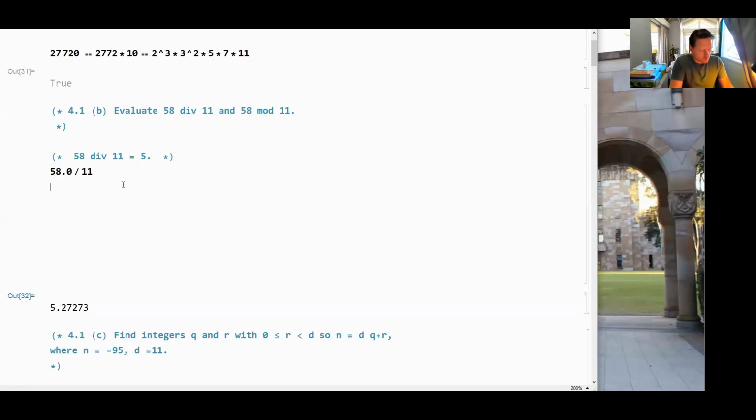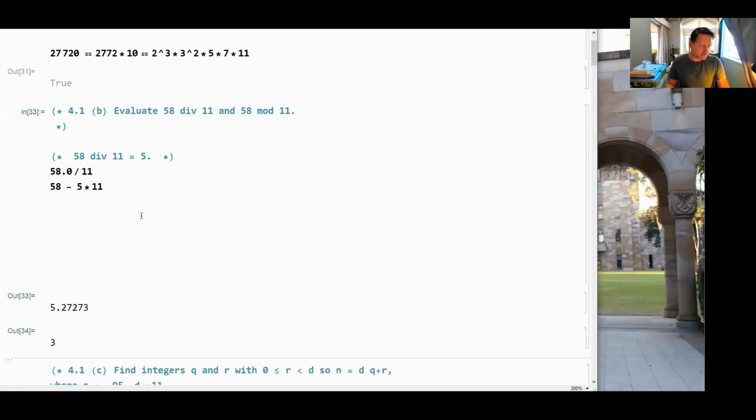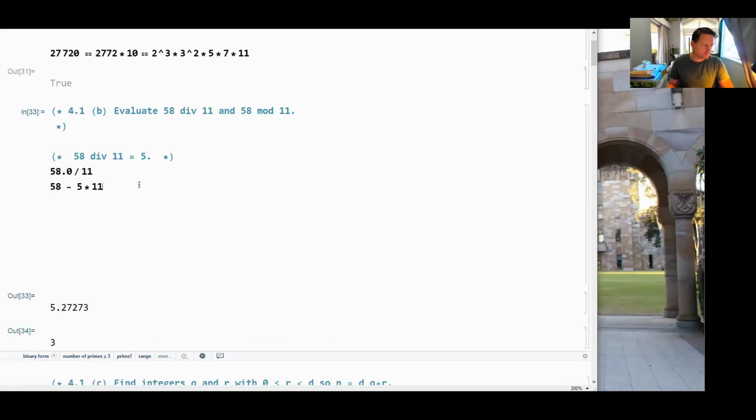So what we want is to represent 58 as the quotient 5 times 11 plus our remainder, where the remainder is between 0 inclusive and up to 10, which is 11 minus 1. So how do we actually calculate this? Well, we want to perform a subtraction. I'll take the 55 to the other side of the equation, and that will be equal to the remainder. So in other words, just this, and you can see we get 3.